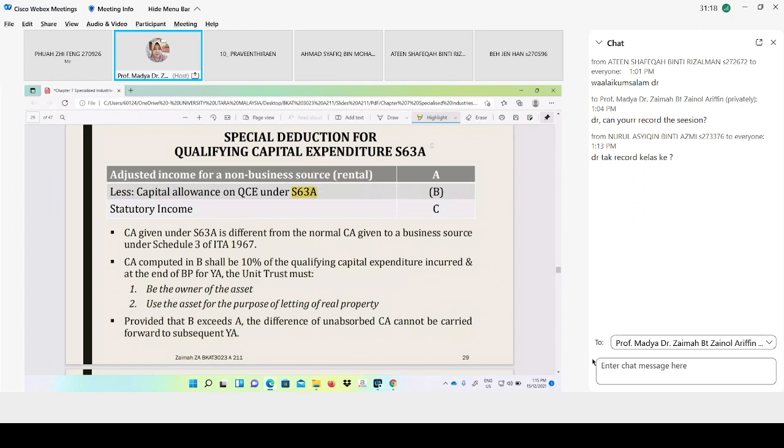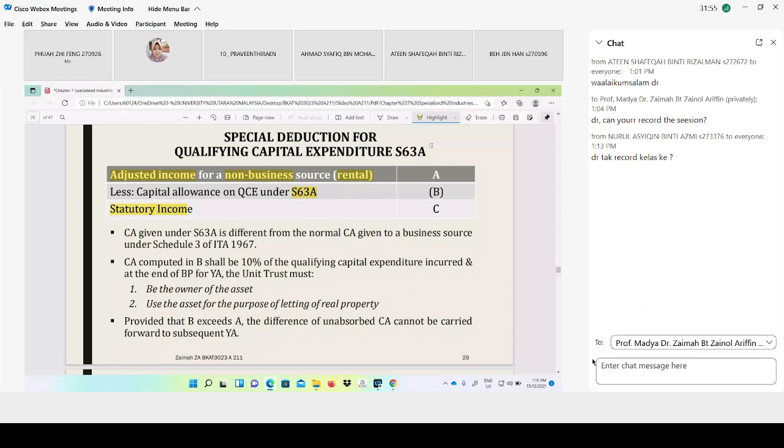It is deductible under rental income because this rental income is from investment and business, which is supposed not to get capital allowance, but they give you what they call a special deduction under Section 63 Capital A. But you deduct under adjusted income for rental income, minus capital allowance, same here, then you get statutory income.